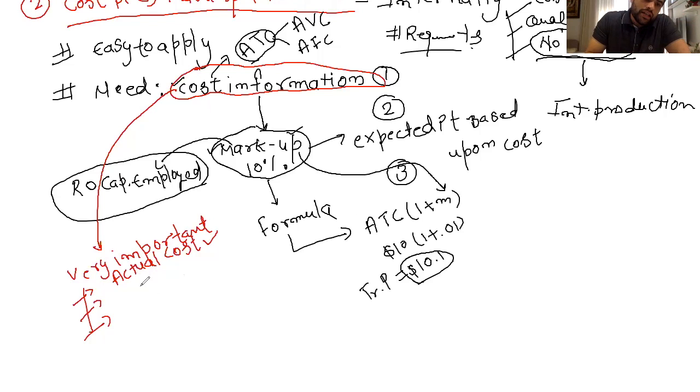The second option is forecasting, estimating. We forecast how much the cost will be, and on the basis of that forecast, we add markup to estimate the price, right? And the third one is standard cost.